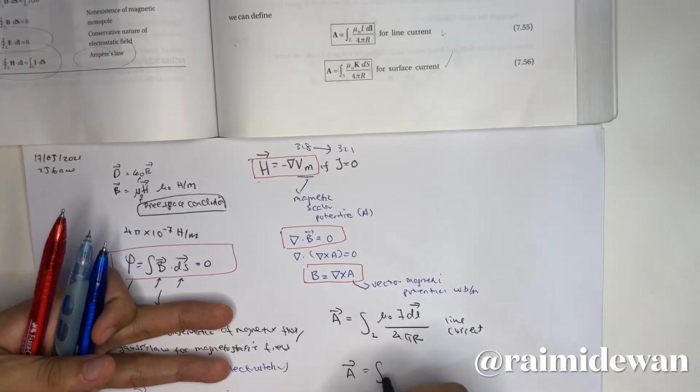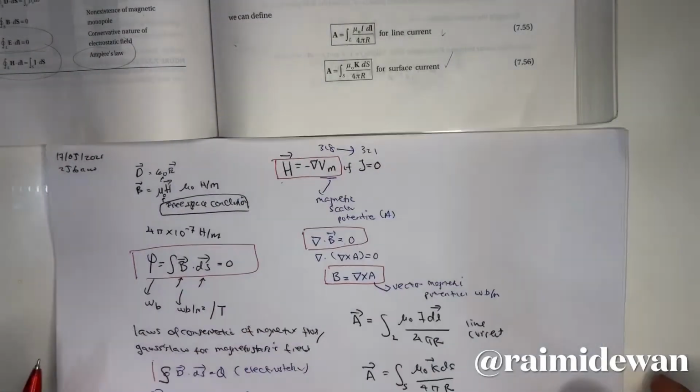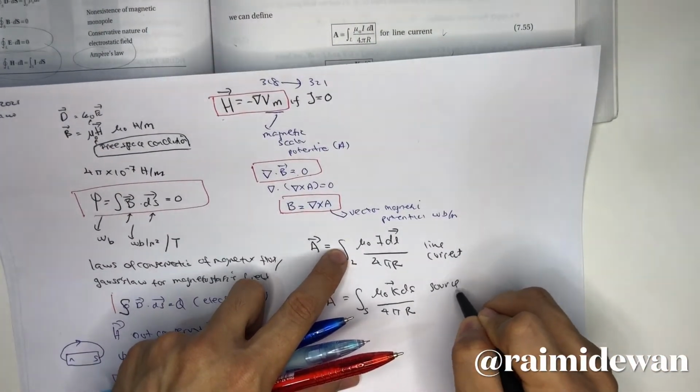A equals mu naught K dS over 4 pi r is meant for surface current.